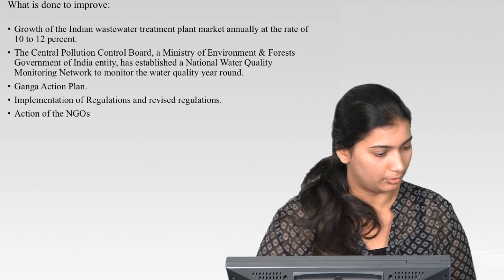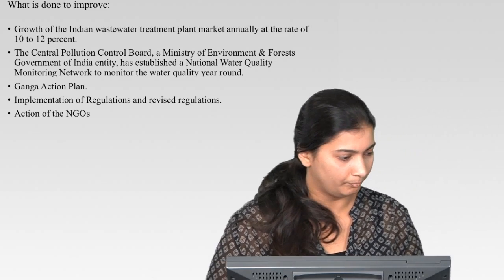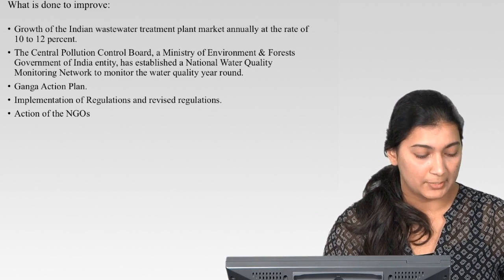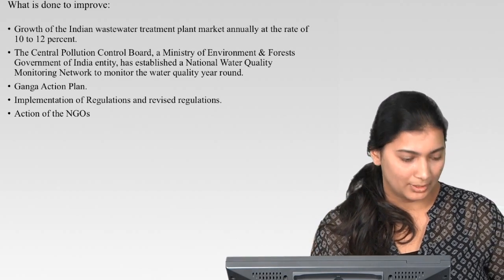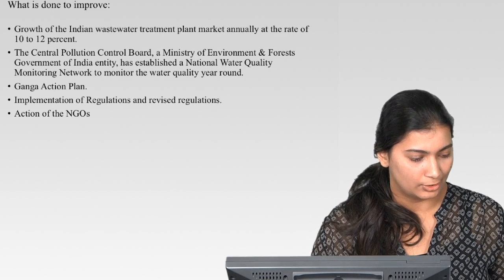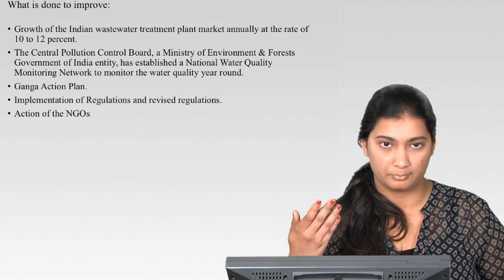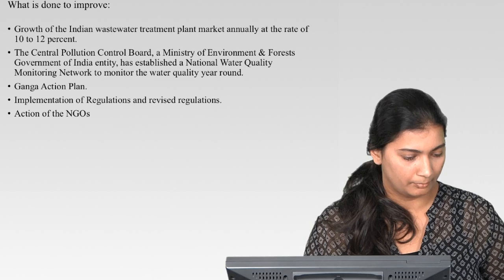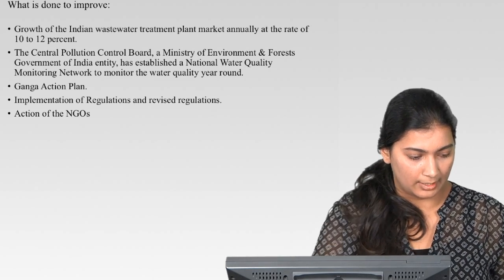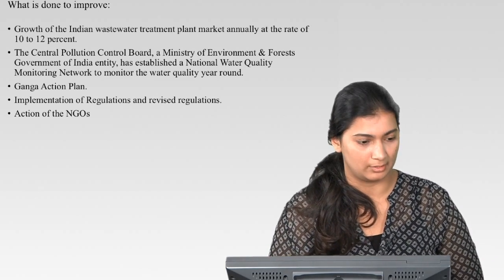What is done to reduce the water pollution is treatment of domestic sewage and subsequent utilization of treated sewage for irrigation, which can prevent pollution in the water bodies and also increase the quality of water. Since 2005, the Indian wastewater treatment plant market has grown annually at the rate of 10 to 12%.